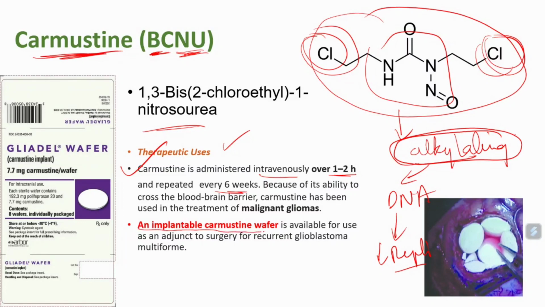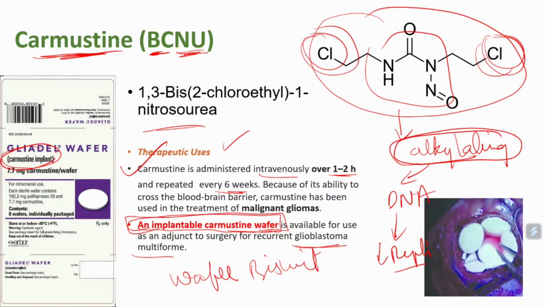An implantable carmustine wafer is available. A wafer is like a biscuit. These implants are placed in the brain for brain-related cancers, especially glioblastoma.